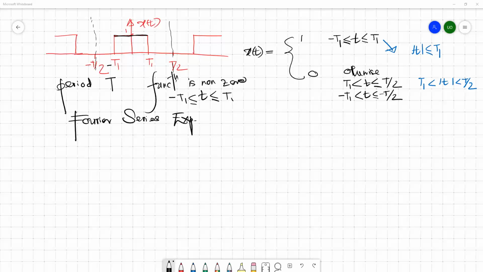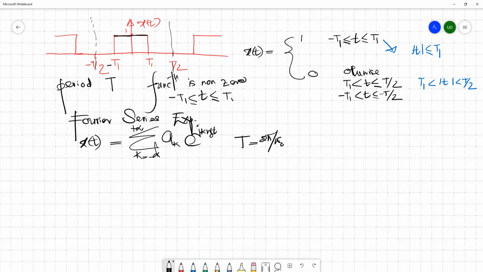So the definition is actually, if we have a periodic function, we need to represent it using an infinite sum a_k e to the power j k omega naught t. So here T, which is the period, equals 2 pi over omega naught. So from that we can replace any omega naught using 2 pi divided by T.